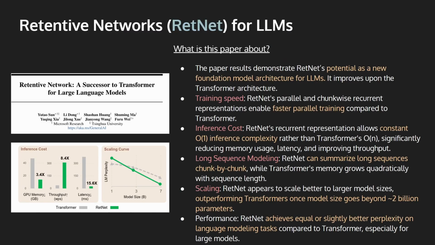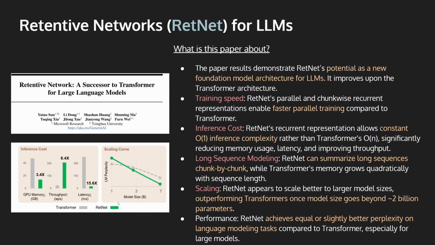Okay, so the next paper is really important. It's called Retentive Networks, also called RetNet. So what is this paper about? The paper essentially showed that RetNet is potentially a new foundation model architecture for large language models. And basically, it performs better than Transformer when it comes to being a foundation model for large language models, right?